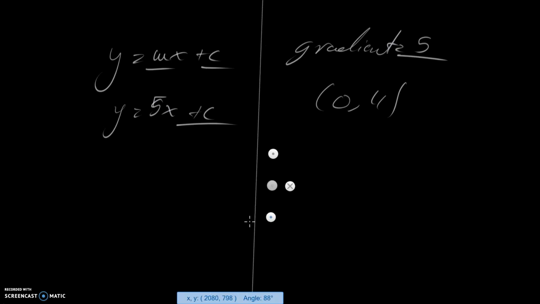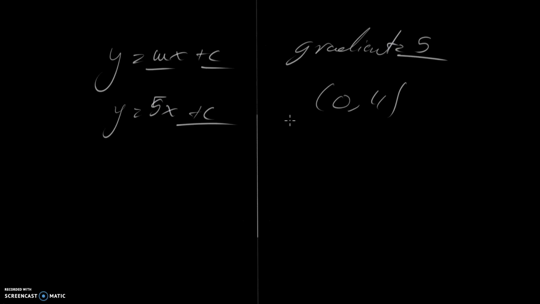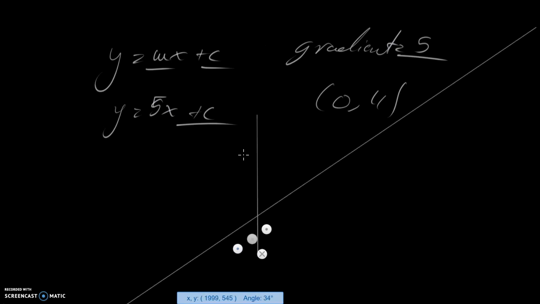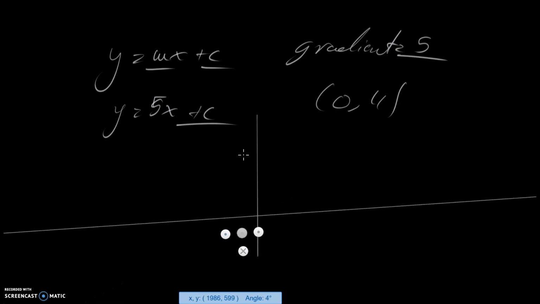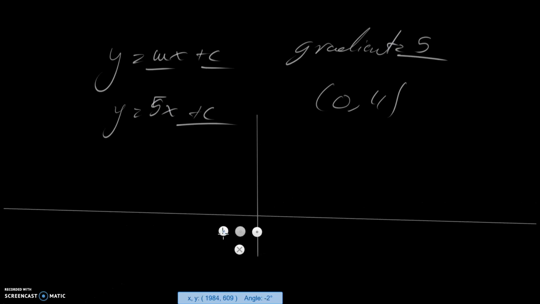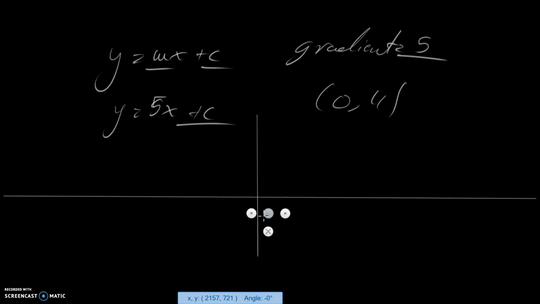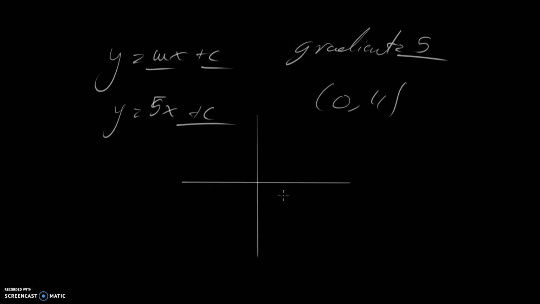So let me quickly draw my graph again. It'll be quick, just not a neat one. Because our value of x is 0, this is x, this is y, x would be 0 and y is 4.